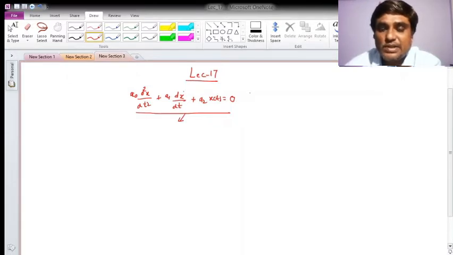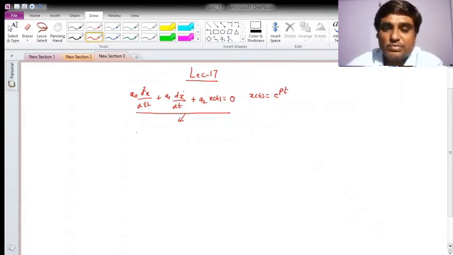Let's say the standard form, which is evergreen, is e raised to pt. If this is my solution and I put it here, I will get it equal to 0. Means if I put x of t equal to e raised to pt, it will be a0 p square e raised to pt plus a1 p e raised to pt plus a2 e raised to pt, and that will be equal to 0.